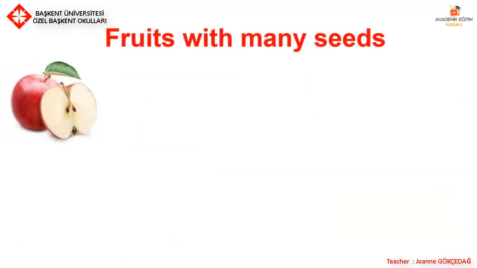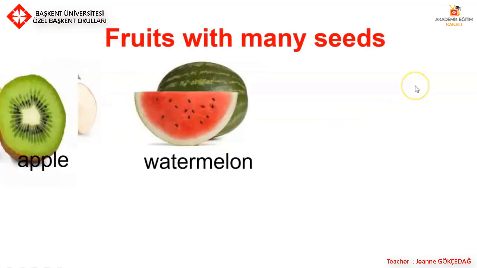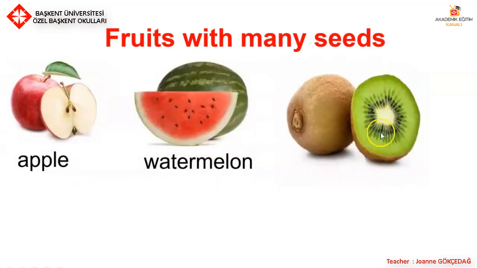So then we're going to move on to looking at fruits with many seeds. The apple. Here you can see two seeds, but it's got more seeds inside. The watermelon, lots of seeds. Kiwi, again, lots of different seeds.